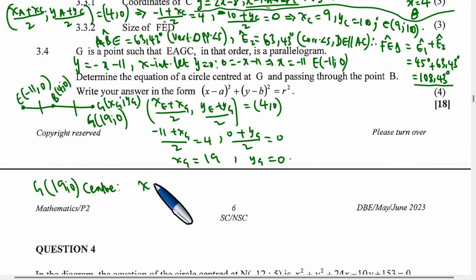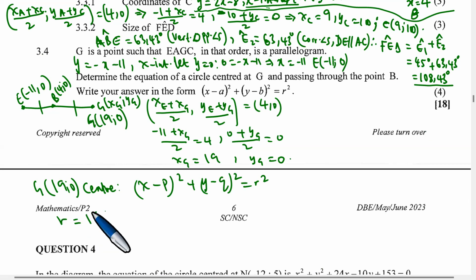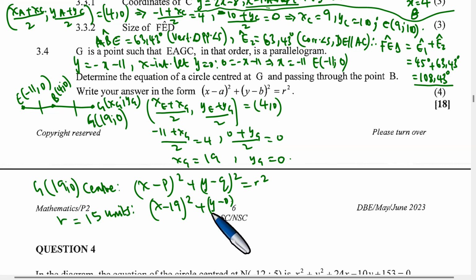So you have x minus p all squared, y minus q all squared equals the radius squared. We have seen that the radius of that circle is 15 units. And therefore, we have the center, which is x minus 19 all squared plus y minus 0 all squared.